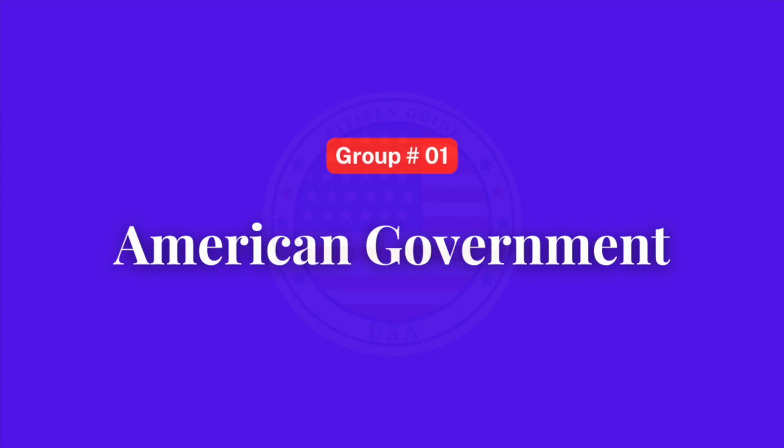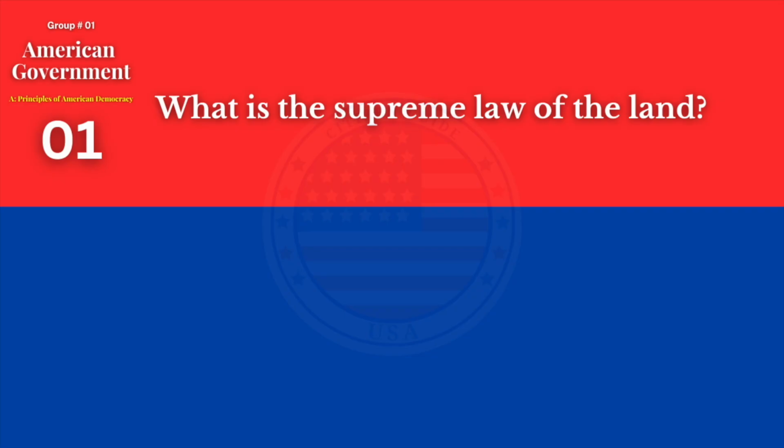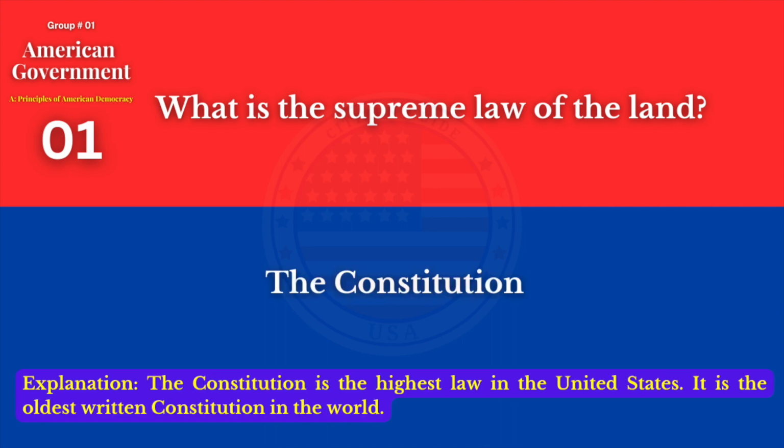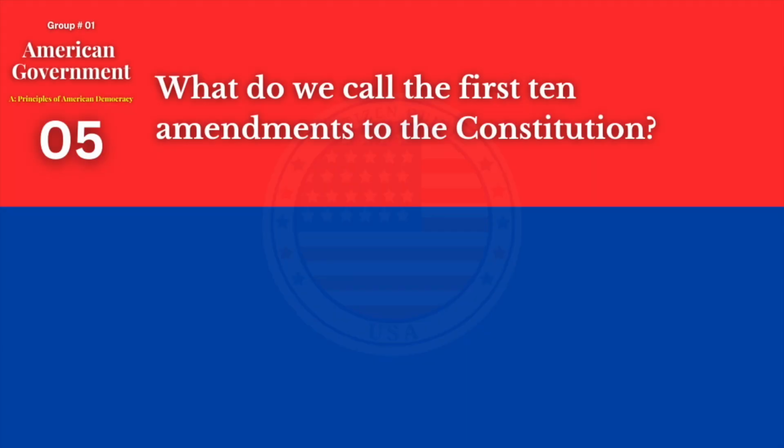Group 1. American government. What is the supreme law of the land? The Constitution. What do we call the first 10 amendments to the Constitution?